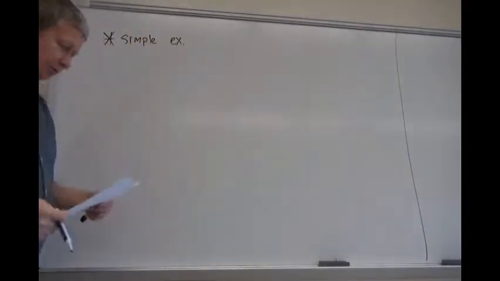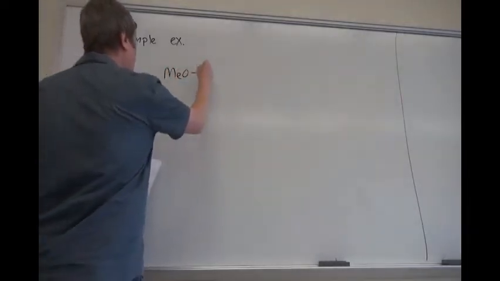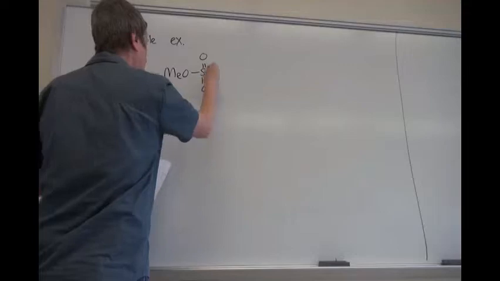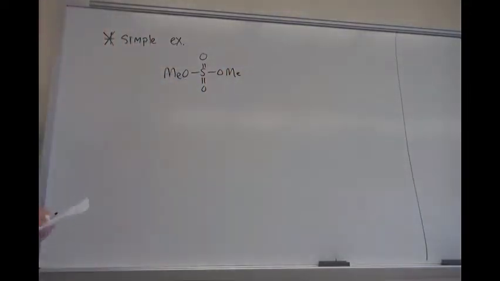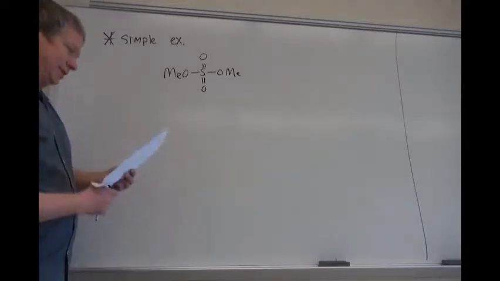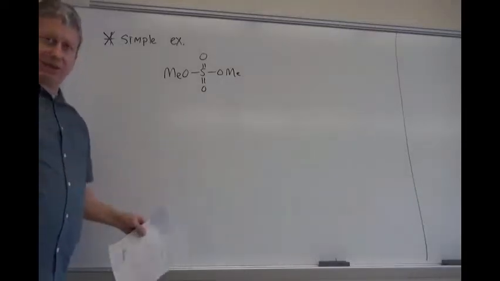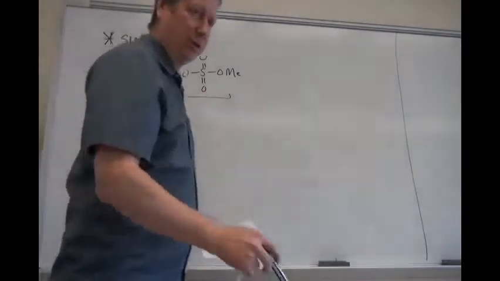A simple example is dimethyl sulfate. Dimethyl sulfate does not look that crazy as a molecule, but these things are toxic. What's toxic about it? Well, it's an alkylating agent.